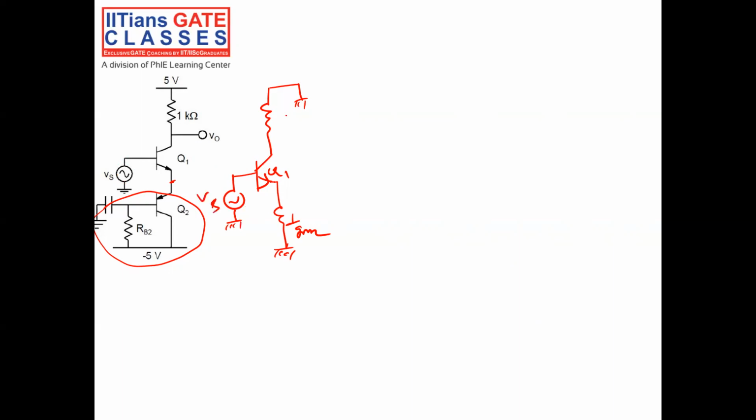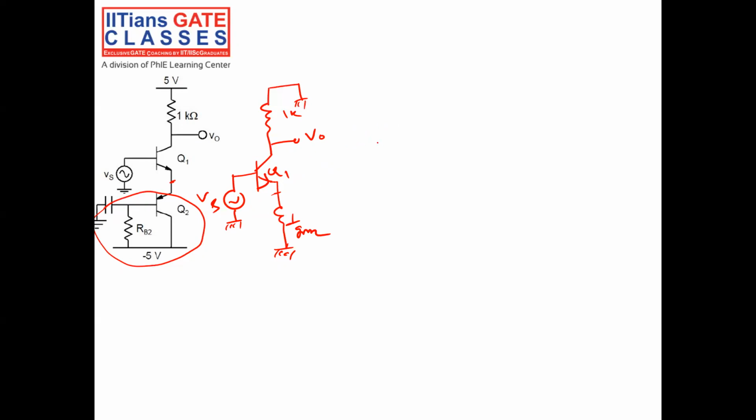Vs. This is 1K. This is my output V0. Now again we have to draw the small signal equivalent circuit of Q1. Remember, whenever there is a resistance at the emitter, we will not apply the hybrid pi model. We will apply the T model.